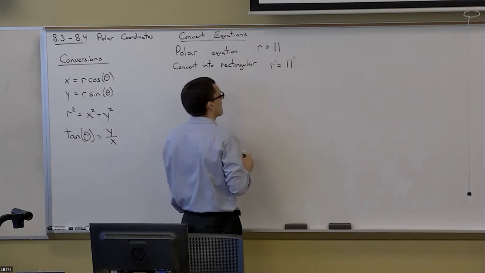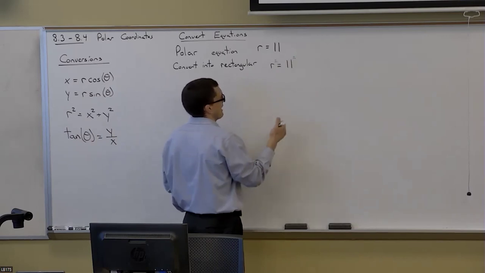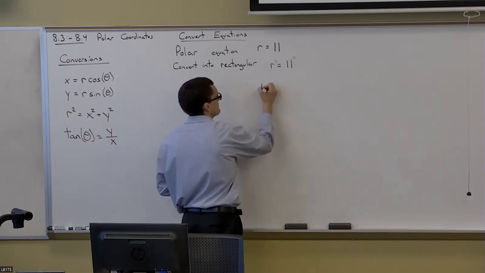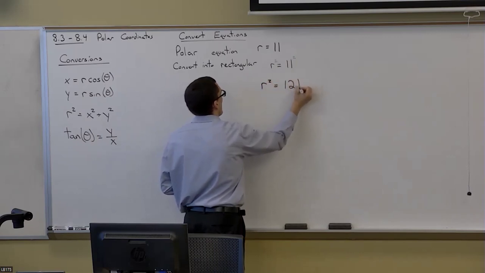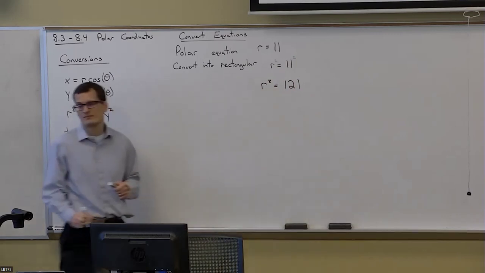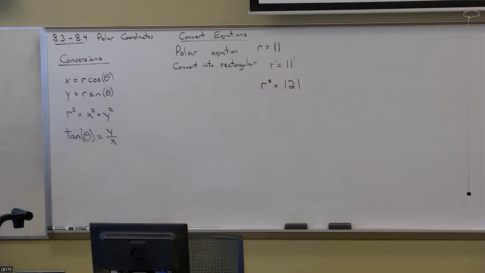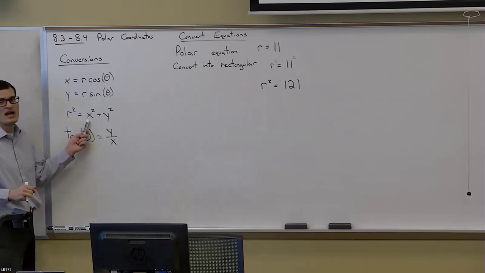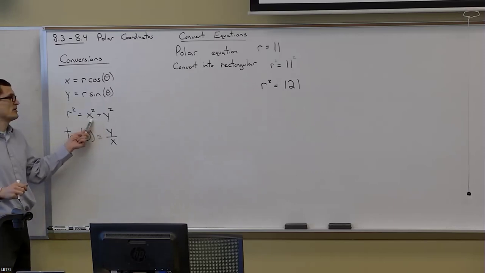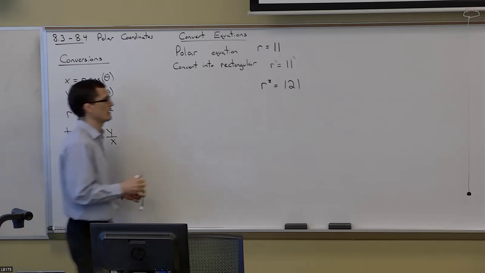And I can do that without messing things up if I assume that r is positive. So squaring both sides gave me r squared is equal to 121. And now I can replace that r squared with this conversion of x squared plus y squared.